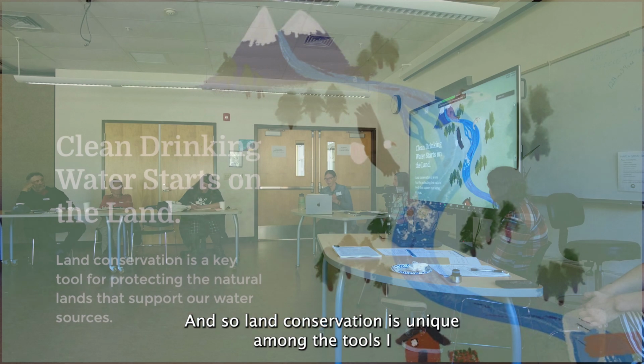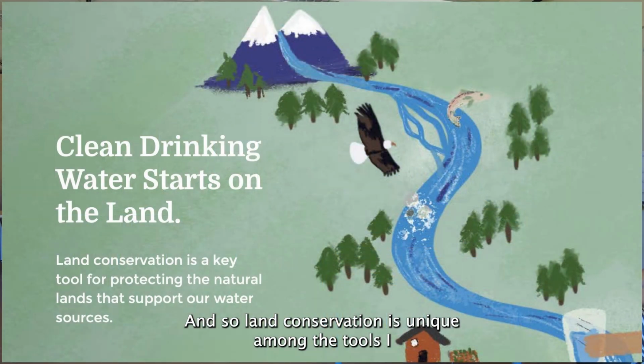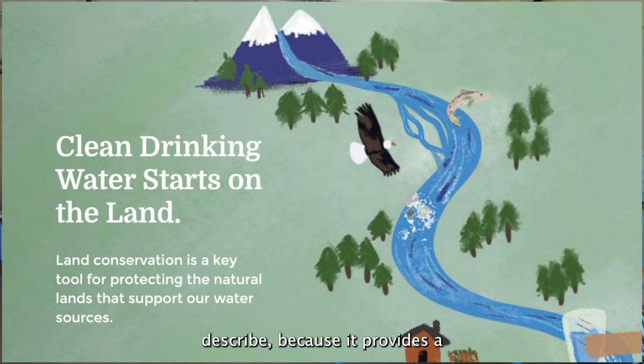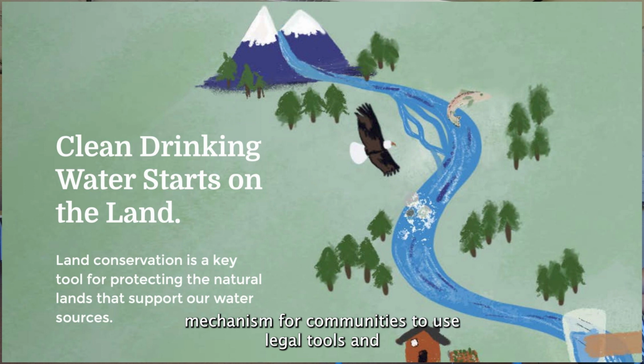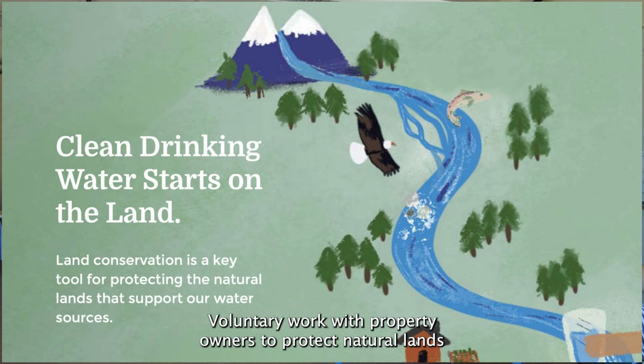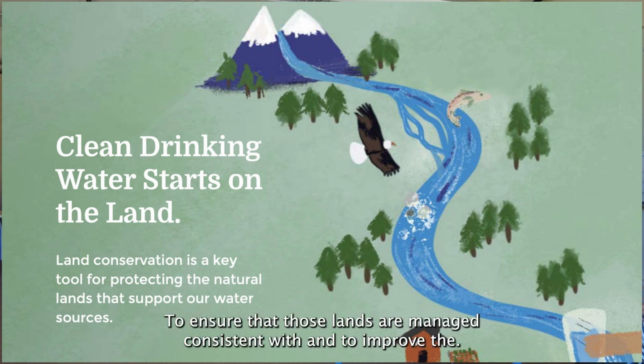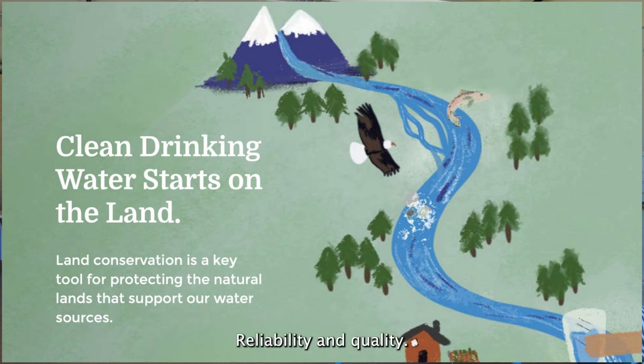Land conservation is unique among the tools I described because it provides a mechanism for communities to use legal tools and voluntary work with property owners to protect natural lands, to ensure that those lands are managed consistent with and to improve the security, reliability, and quality of your drinking water.